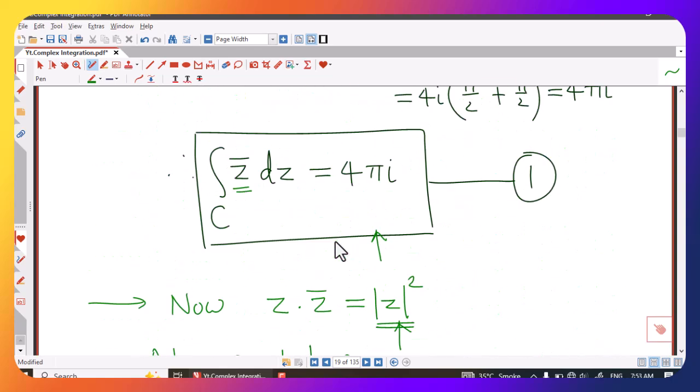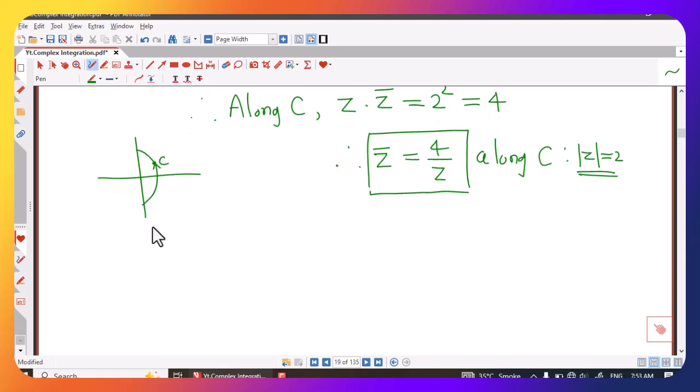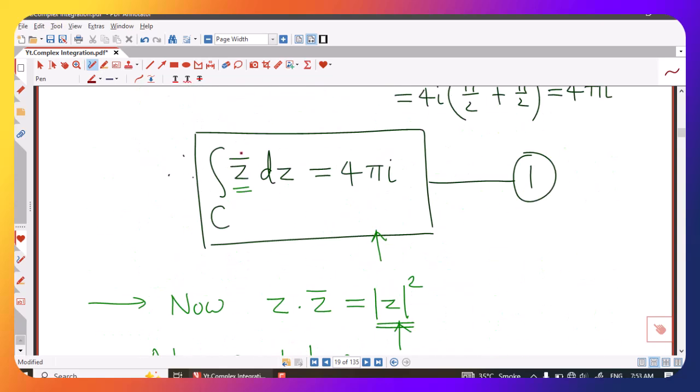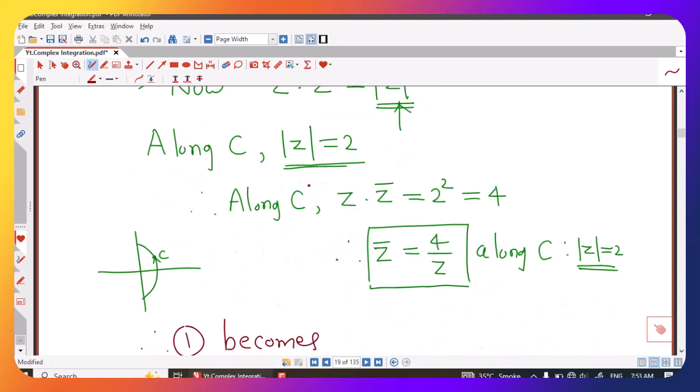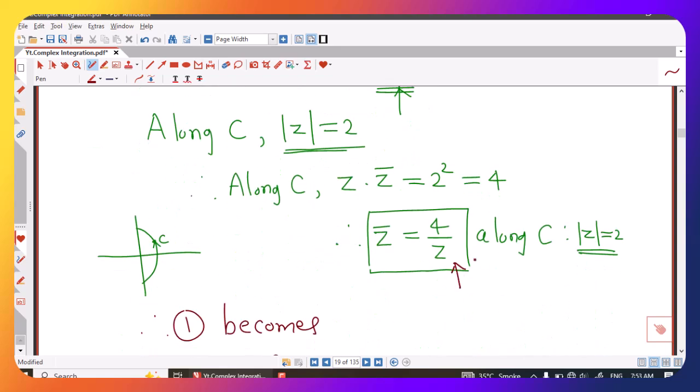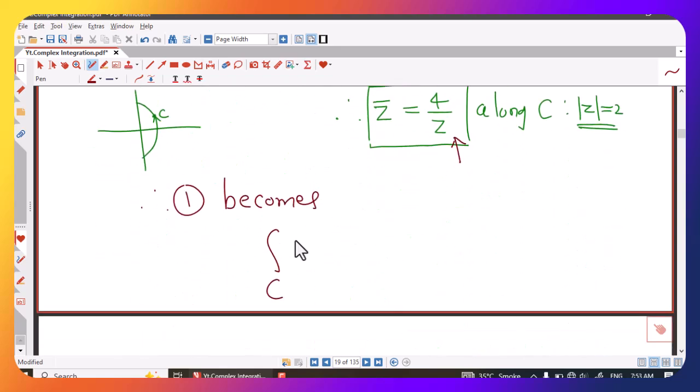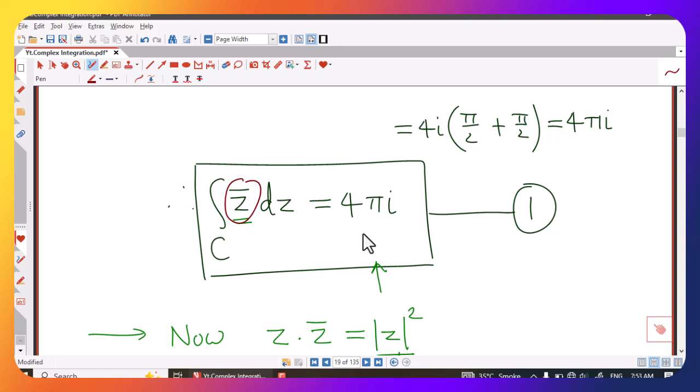So using this in equation number 1, equation 1 becomes the integral over C, where we replace z bar by 4 divided by z, because along the contour we can do so, and the value is 4 pi i.